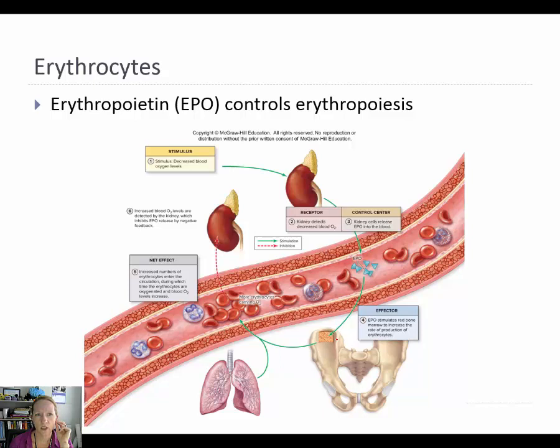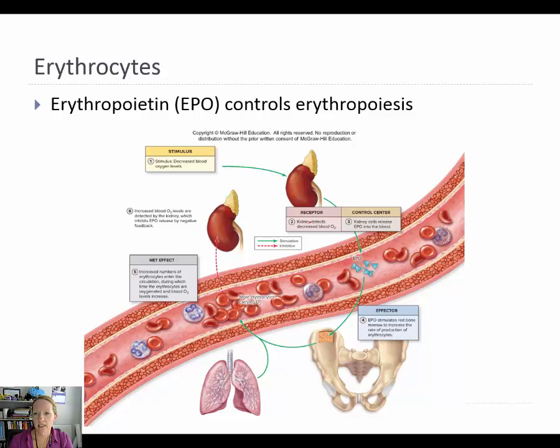Also, in a minute, we're going to talk about high altitude, blood loss, and things like that. Those are different things that might decrease our blood oxygen levels and cause erythropoietin to actually be produced.